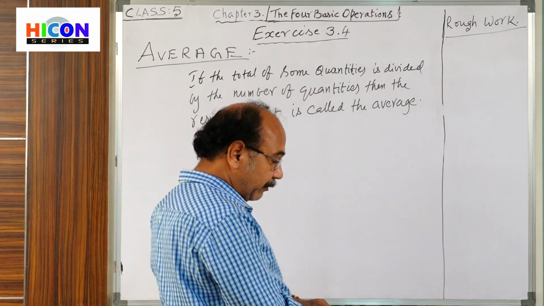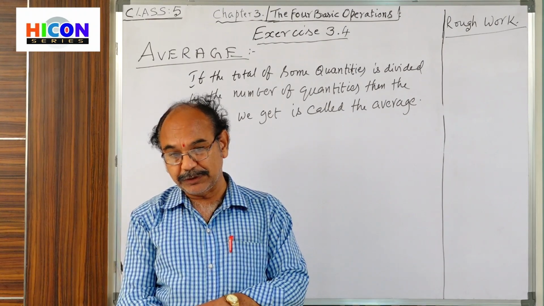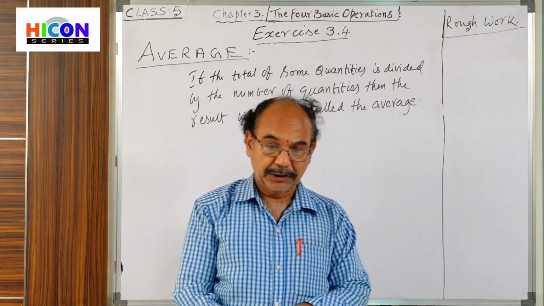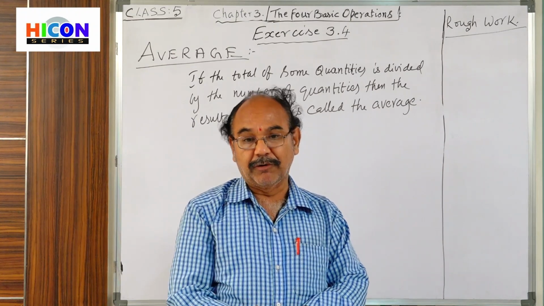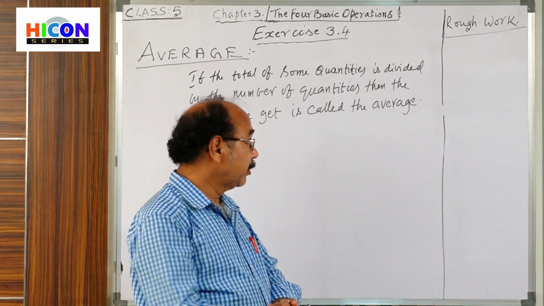So to get the average, what do we do? We first see the sum of the quantities. We divide that sum by the number of quantities. Okay, then we get the average.